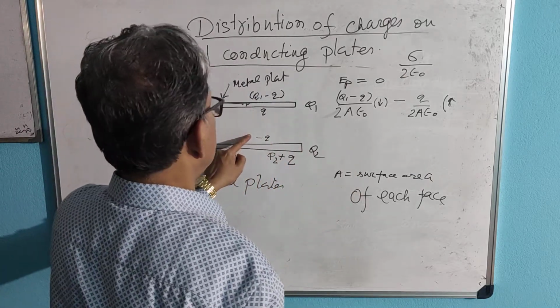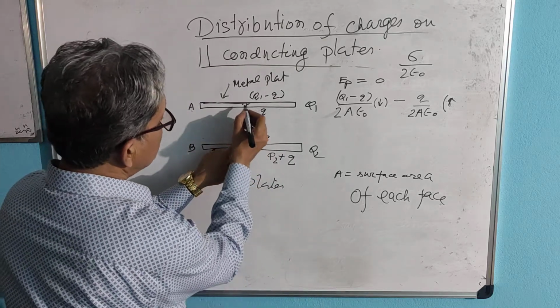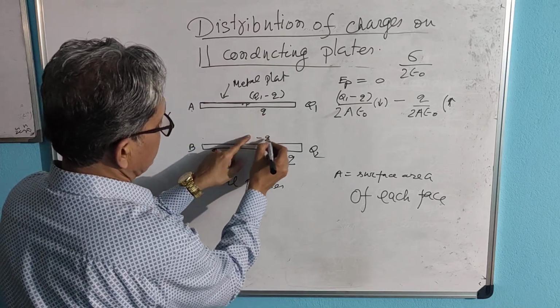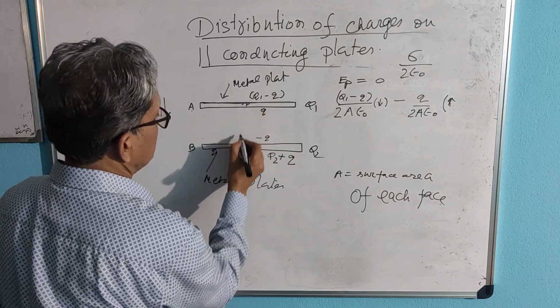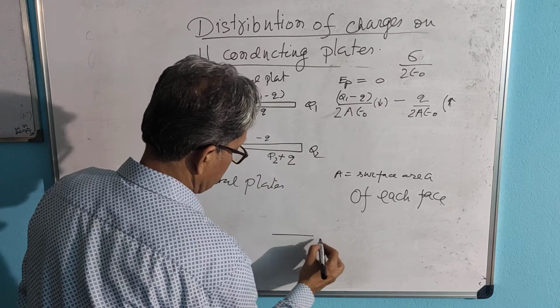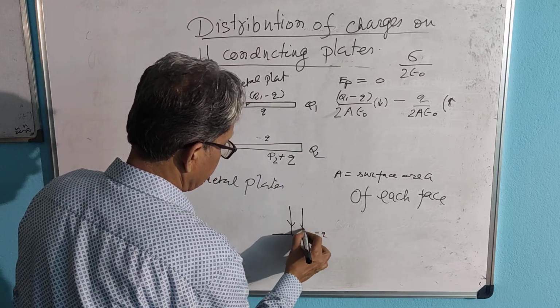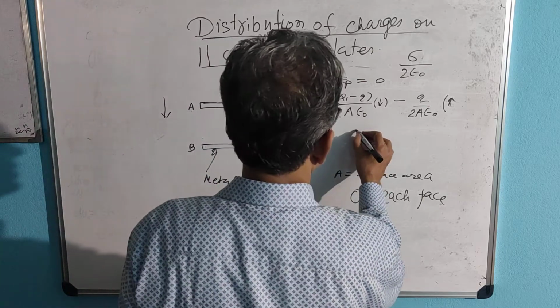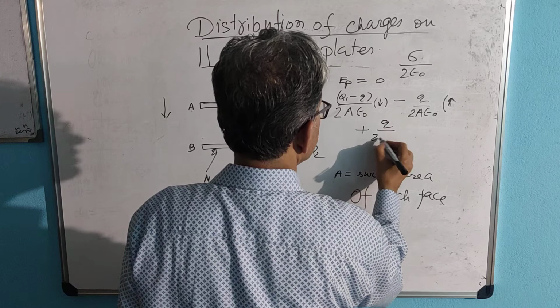For this minus Q, what will be the lines of force? In this direction. Due to minus Q, the field will be in this direction, lower side. Minus Q will be in this direction, okay, so this will be positive, Q by twice epsilon 0.